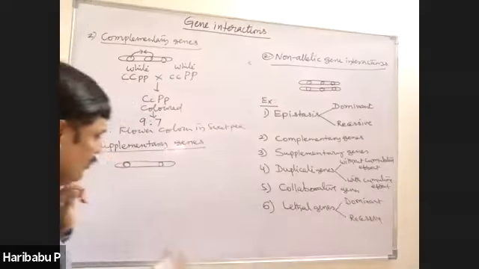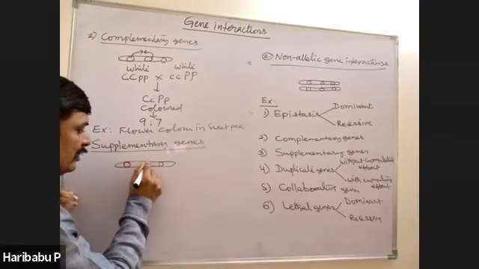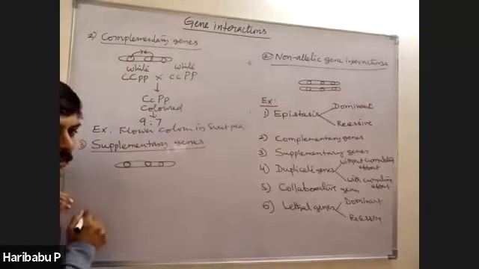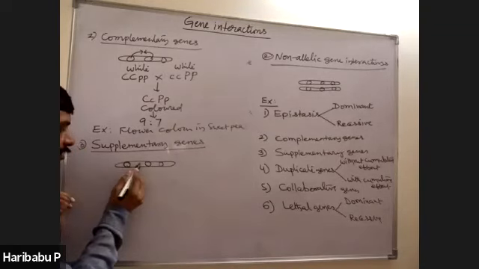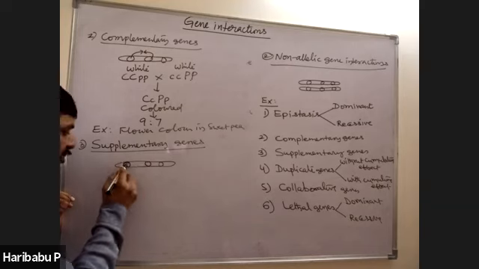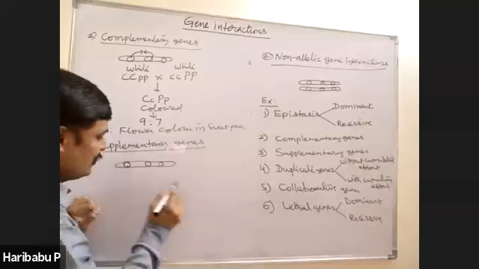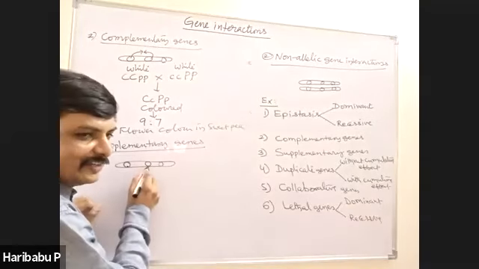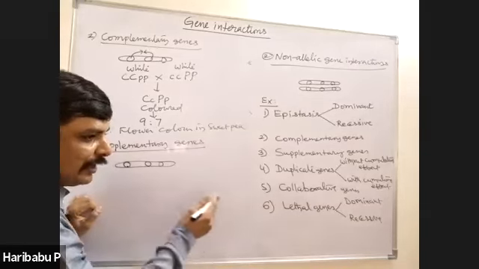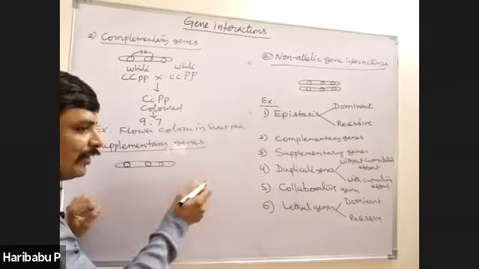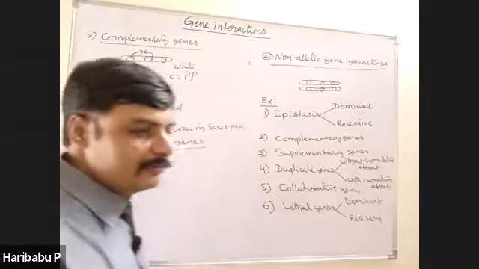Listen carefully. Out of non-allelic genes, here one allelic gene, here another allelic gene is there, at two different loci. This is a dominant gene, it expresses itself and produces a phenotype, right? But this is also a dominant gene, but it cannot produce a new phenotype on its own.